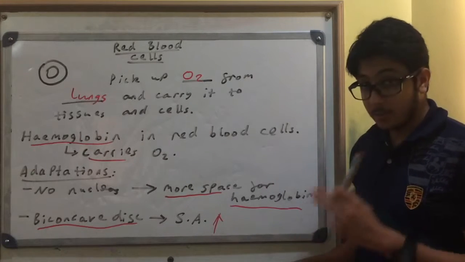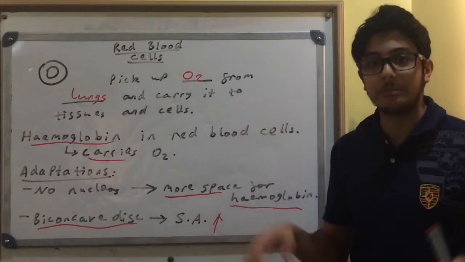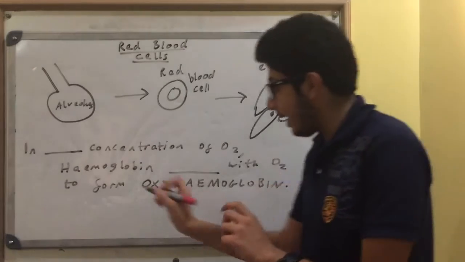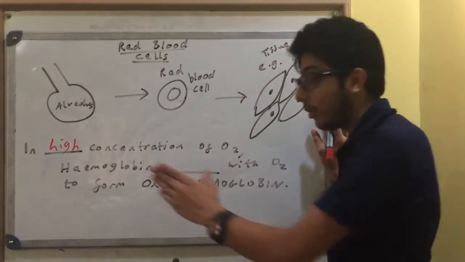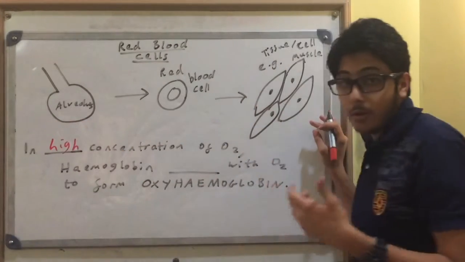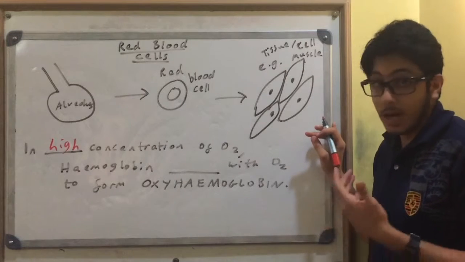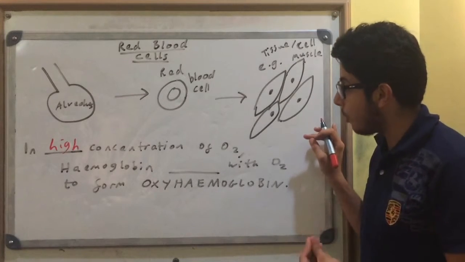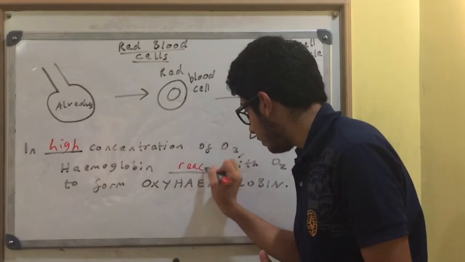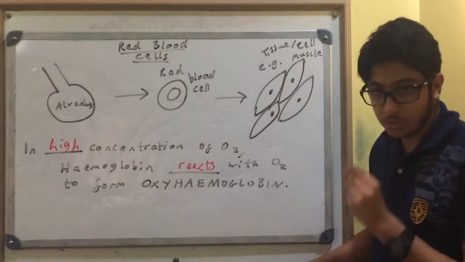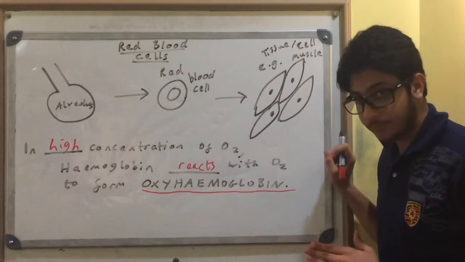And now we're going to look at the process of the hemoglobin and the oxygen and then the oxyhemoglobin. So, in a high concentration of oxygen, for example, in the alveolus or the alveoli of the lung, the hemoglobin from the red blood cell reacts with this oxygen to form oxyhemoglobin.